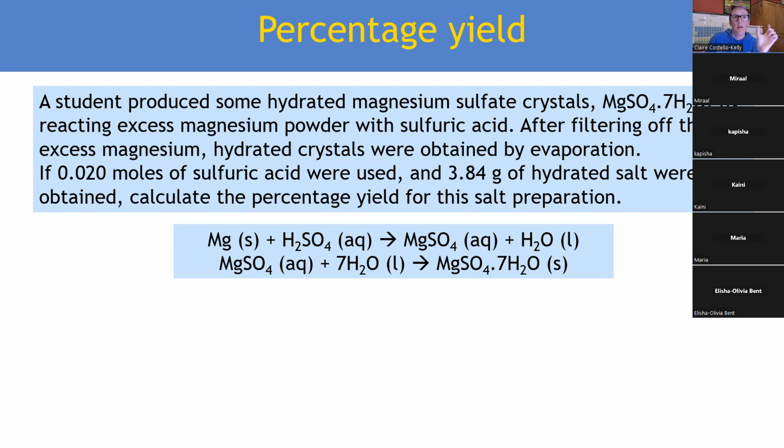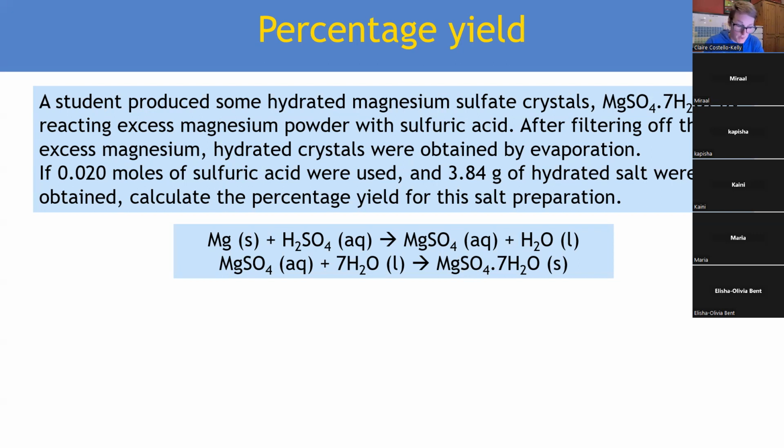You would take the amount of marks you actually got, divide it by the total number of marks available, and then times it by 100 to get a percentage. So all we're doing in a chemical reaction is measuring in some way how much we actually got compared to the maximum we could have obtained based on what we started with. So it's what goes in versus what comes out.